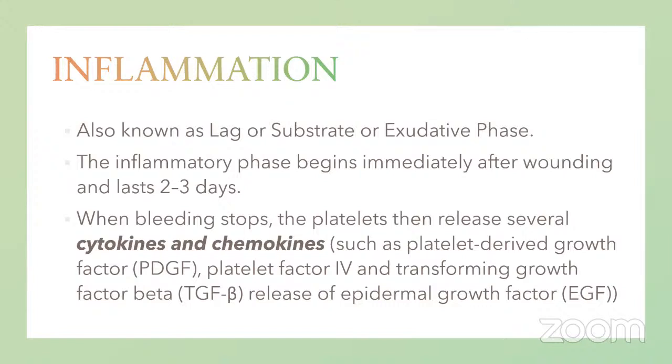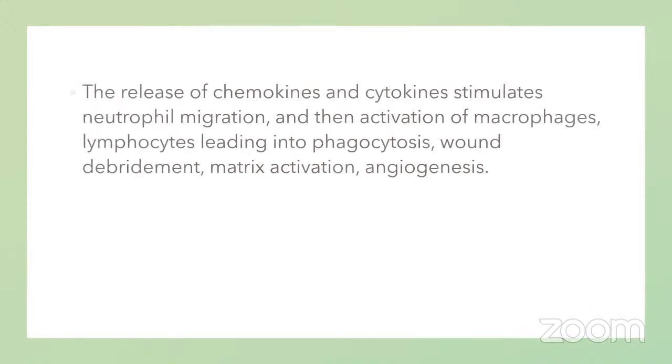Here in the inflammatory phase, platelets secrete cytokines and chemokines. Some examples are platelet-derived growth factor, platelet factor 4, TGF-beta, transforming growth factor beta, and epidermal growth factor. These proteins will be secreted by the platelets of that area, and they lead to inflammation of the area.